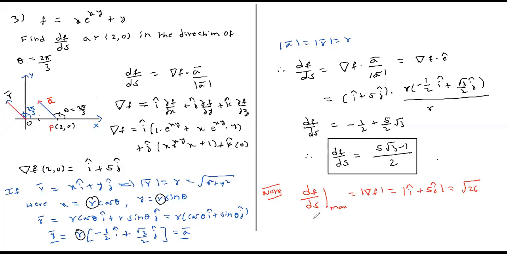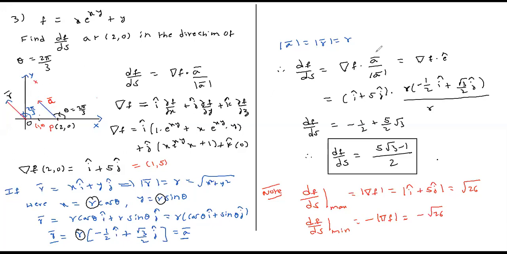Now, what is df by ds minimum? Minus mod del f, equal to minus root 26. In what direction are you getting this? In the direction of i bar plus 5j bar. Where is i bar plus 5j bar? This is the point 1 comma 5, so it is somewhere here.